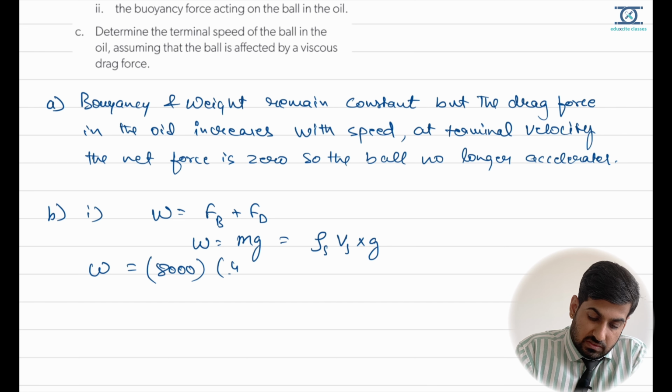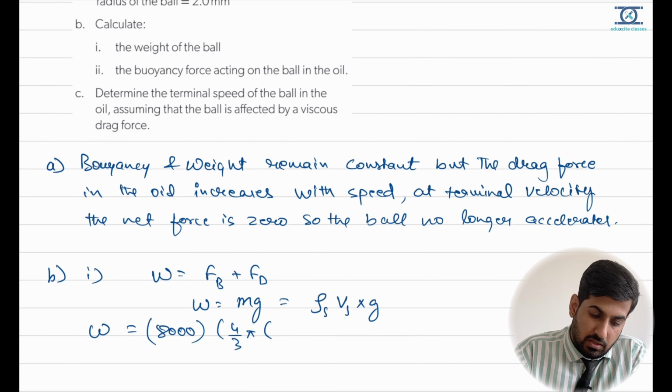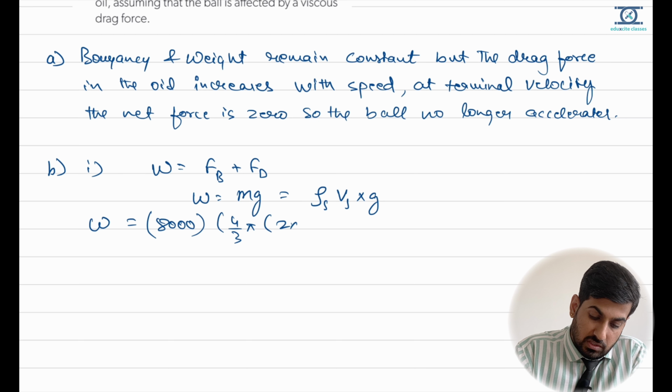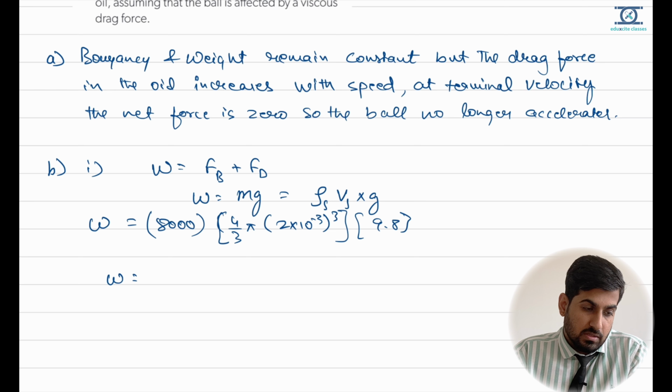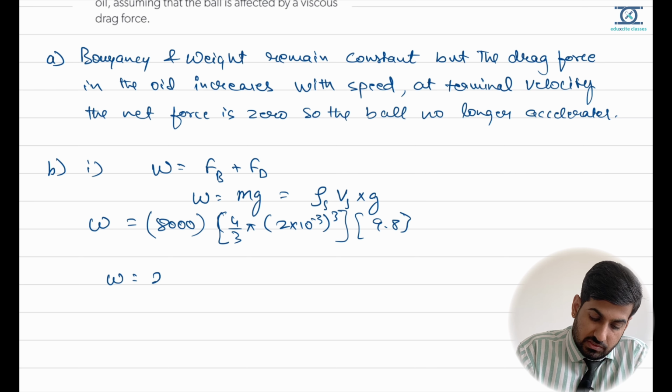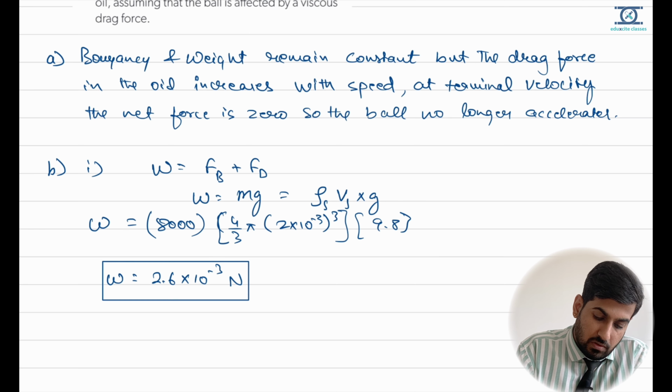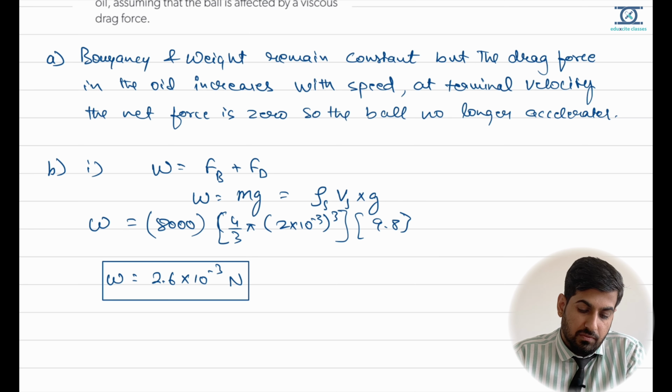Volume of steel is 4/3 pi r cubed, with r equal to 2 into 10 raised to power minus 3, cubed. This will be the volume, times 9.8. Now if you solve for this, you will get the weight of the ball. I have already done the calculation as 2.6 into 10 raised to power minus 3 Newton. So this will be your answer for the first part of B.